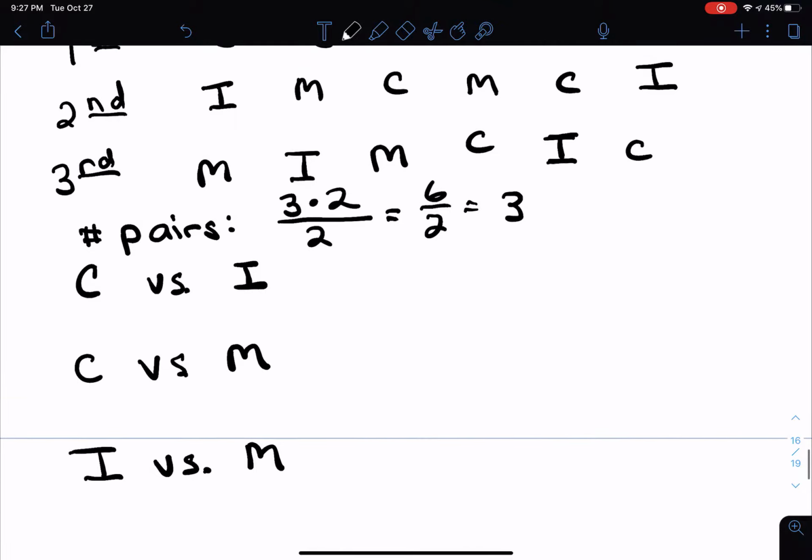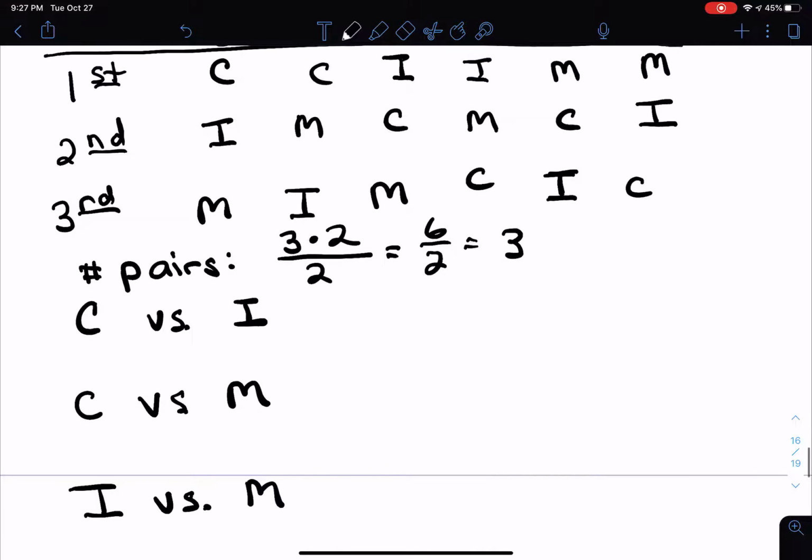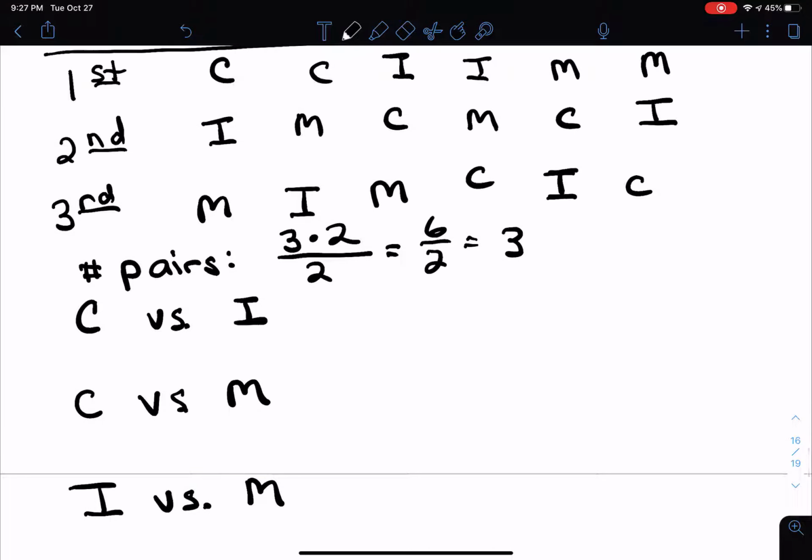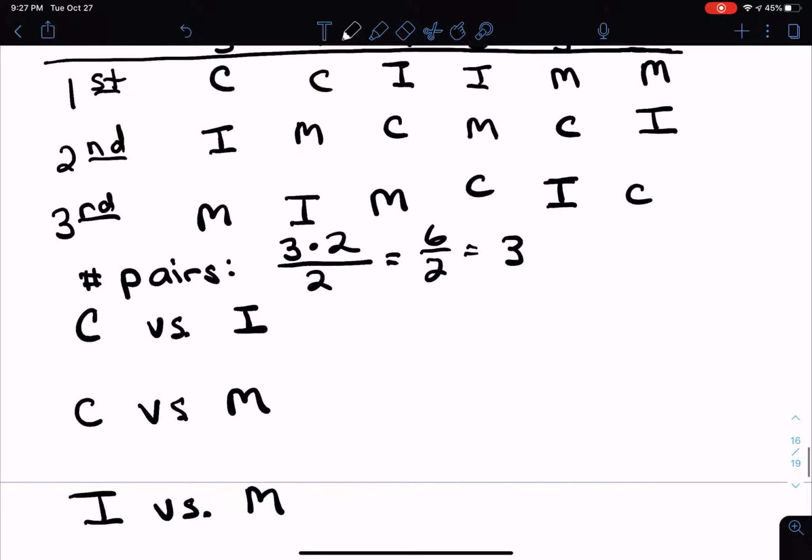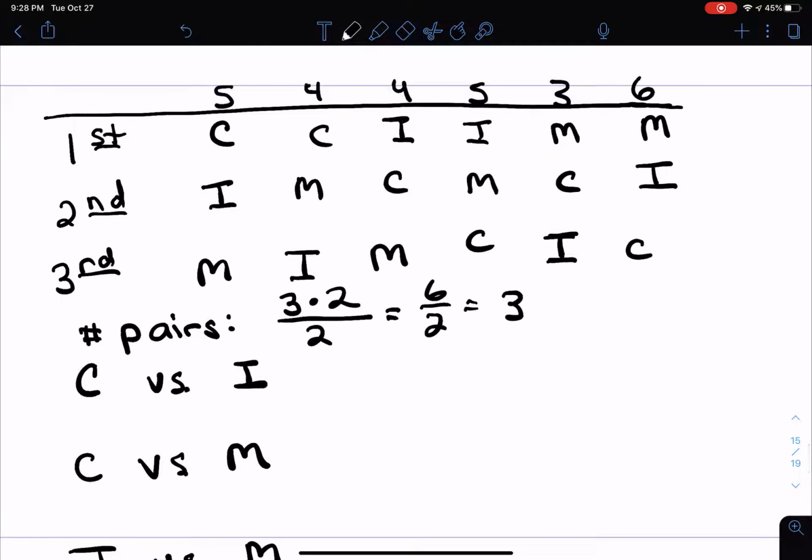And that's it. That's the 3 pairings I have to look at. There's no others. C and I, C and M, I and M. All right, so we look at them, and for C versus I, we go through and count up how often voters ranked Chinese above Italian.